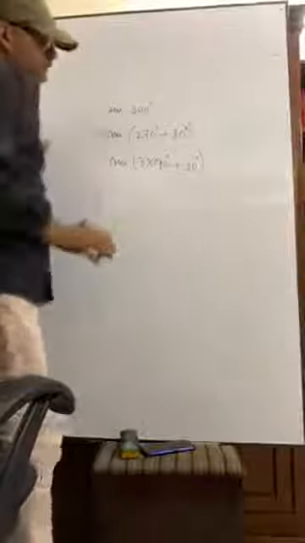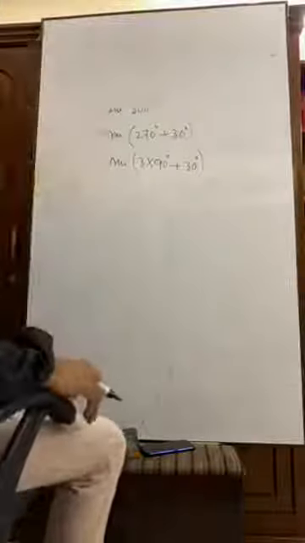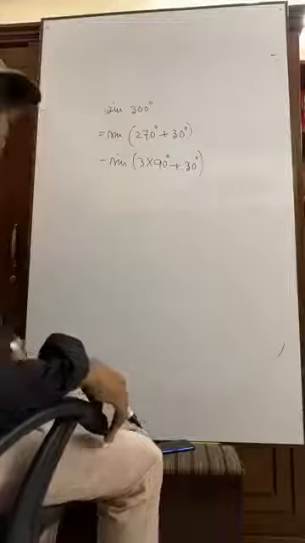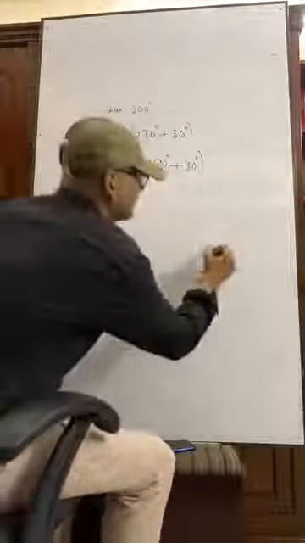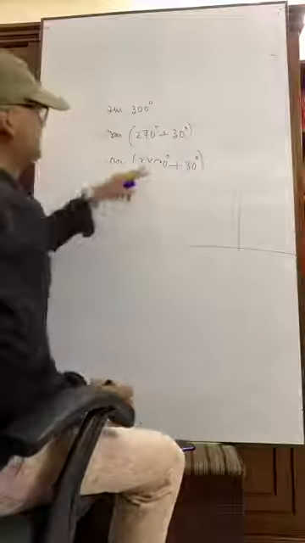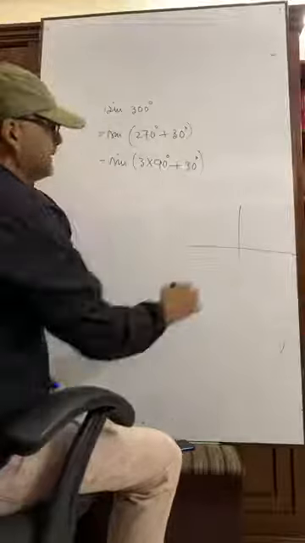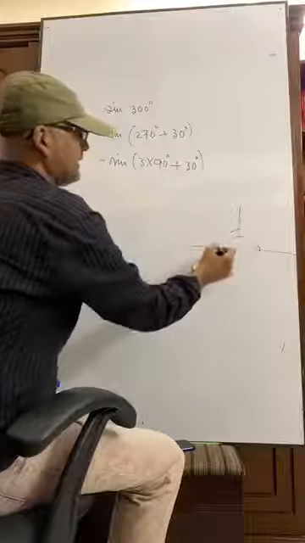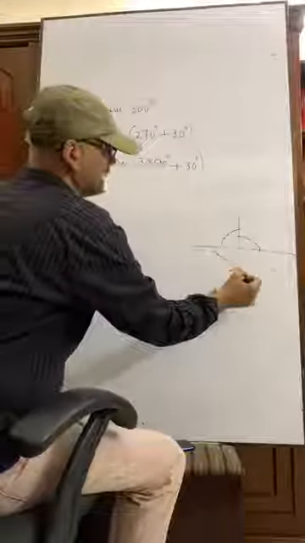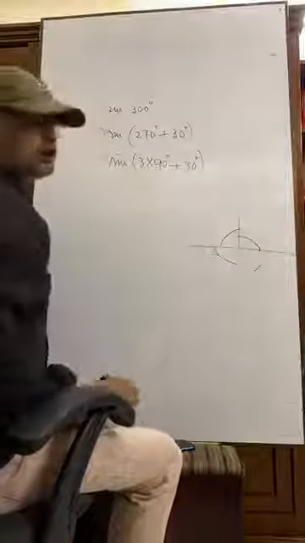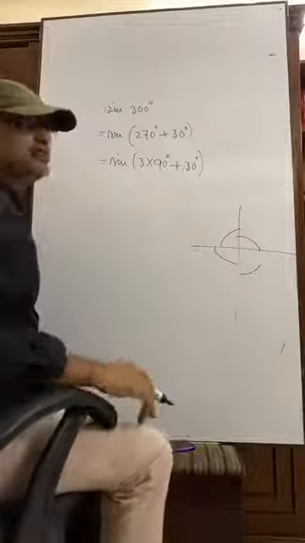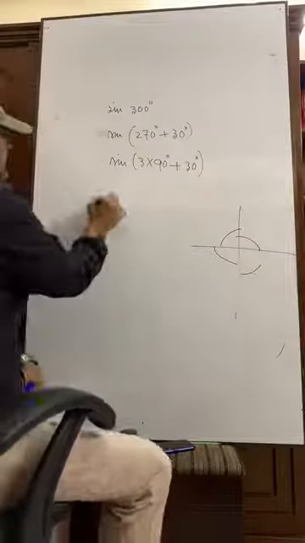Now see in which quadrant the angle lies. At first you have to determine: 390 degrees means 90, second 90, third 90 plus. That is in the fourth quadrant, and we know sine is negative in the fourth quadrant. So it is negative.